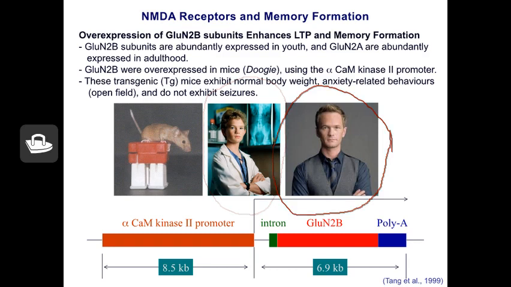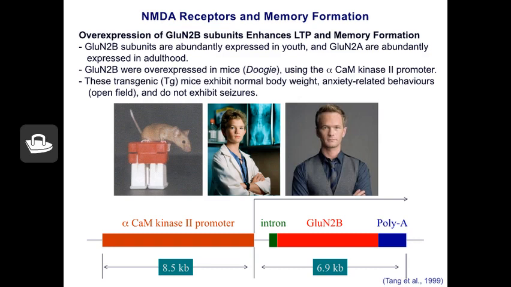That show not only launched the career of Neil Patrick Harris, I guess it also launched the media sensation of Doogie mice, which were nearly as popular as their namesake about 6 or 7 years later. Anyway, the Doogie mice were genetically engineered by adding a gene construct to laboratory mice.